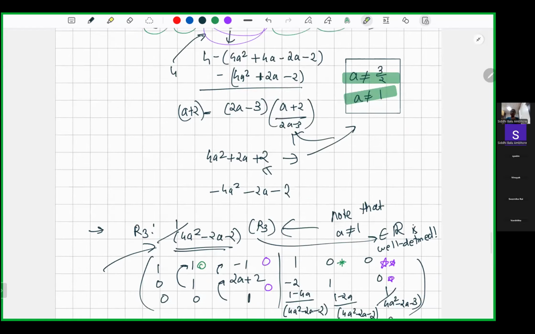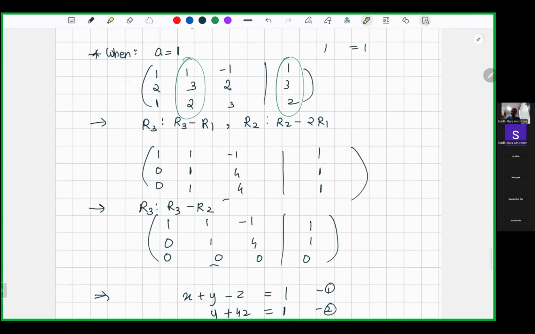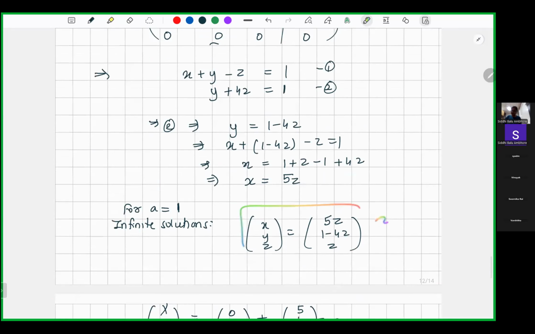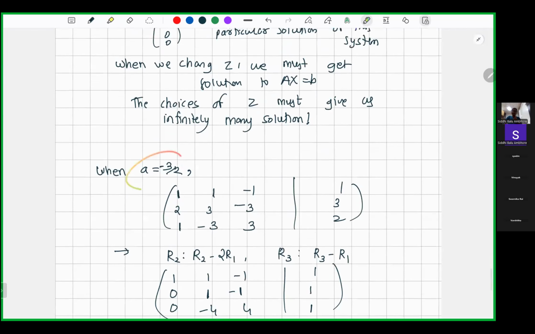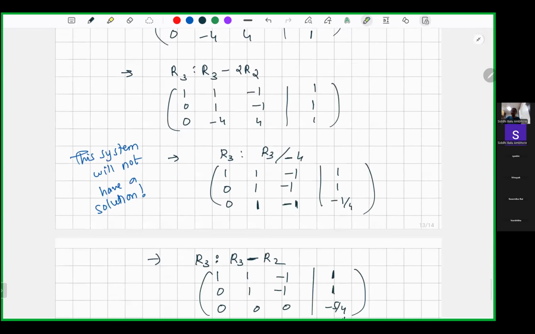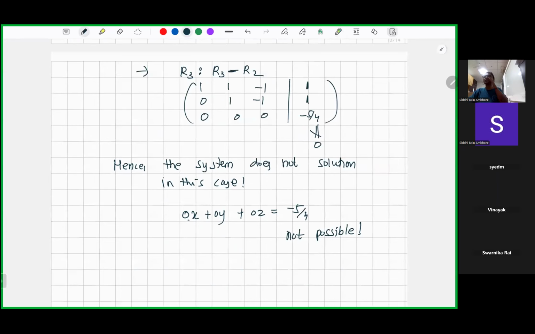And we saw that when a is equal to 1, we get infinitely many solutions. We got the particular solution here, and this is the corresponding solution to the corresponding homogeneous system of equations. And when a is equal to minus 3, we got that the system does not have any solution. We got this weird kind of condition here. So I hope this was clear to you.